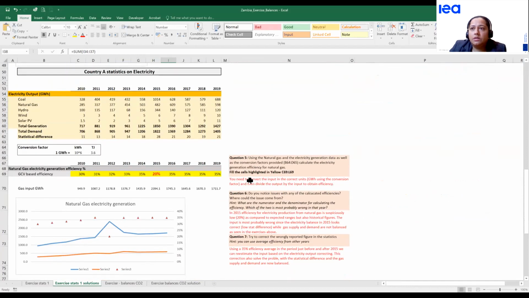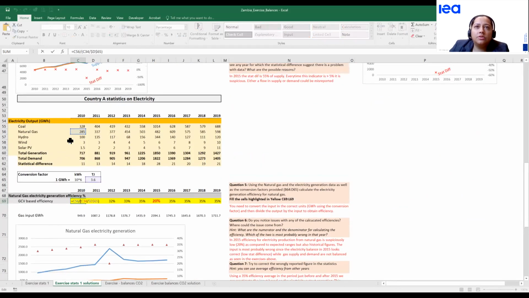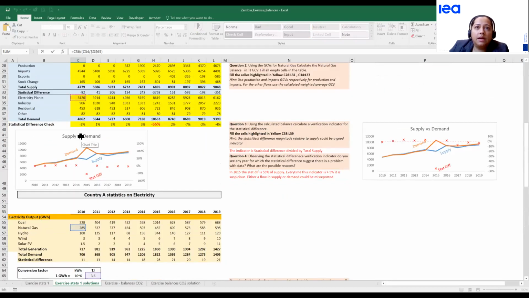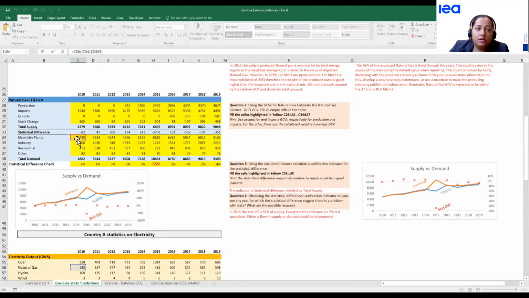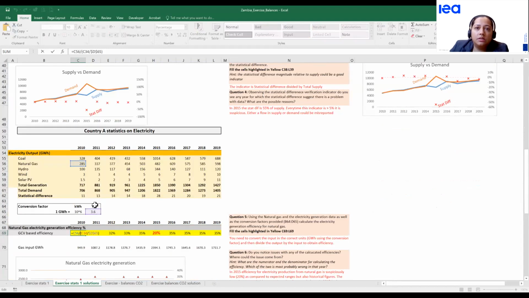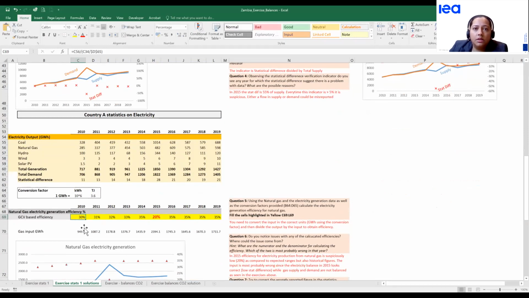Then there was a question on electricity: using the natural gas and electricity generation data, calculate the electricity generation efficiency. Here you would take your electricity output in gigawatt hour for natural gas and divide it by your input of natural gas in electricity plants, but this is in terajoule, so you convert it to the same unit, gigawatt hour, and then you get your efficiency, which is output divided by input in the same energy unit.